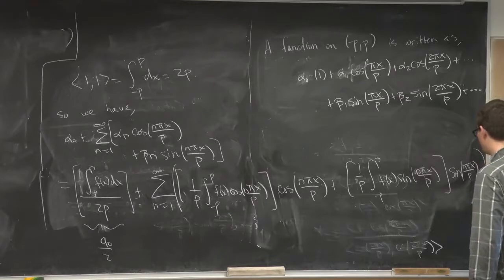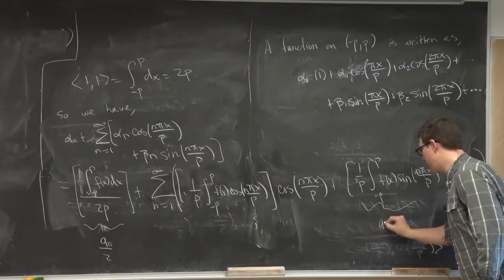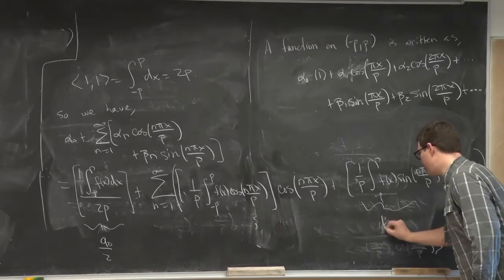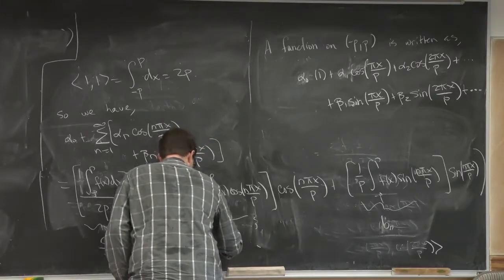And then we have this big parentheses here. So this term here is what we called bn, and this term here is what we called an.